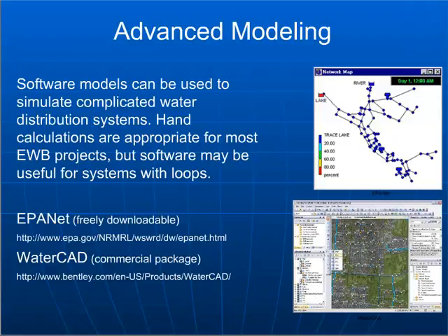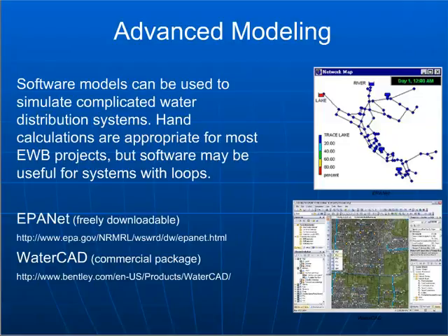On the modeling side, most of the systems that are common for EWB projects are probably going to be designed with an Excel spreadsheet, because you're typically dealing with a single line. You don't have a closed loop system. You're not trying to accommodate fire flows or anything like that.